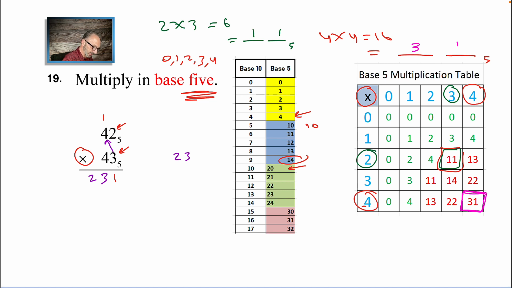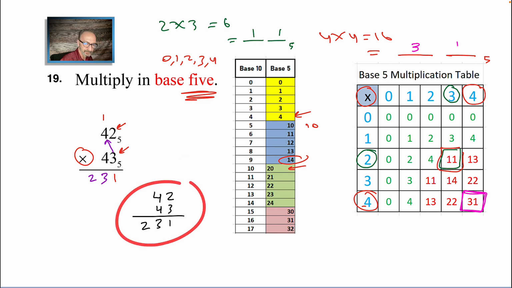Let's write the numbers again. Now we're going to multiply because we don't need the extra marks. So we're going to start right here. Let's take this number out of the way and multiply right here.